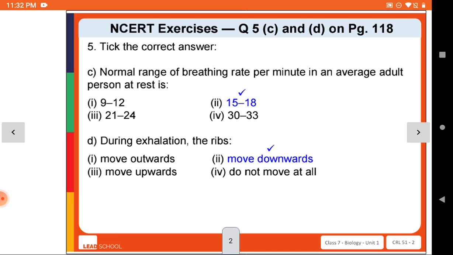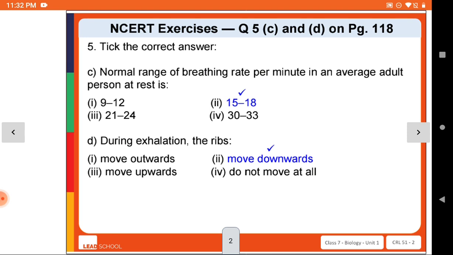So students, first of all we are doing some practice questions from your NCERT exercise, question number 5 C and D on page number 118. First, tick the correct answer.